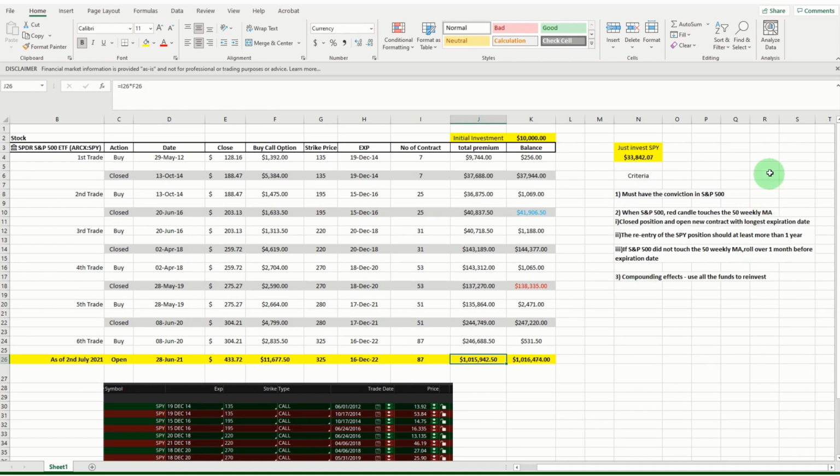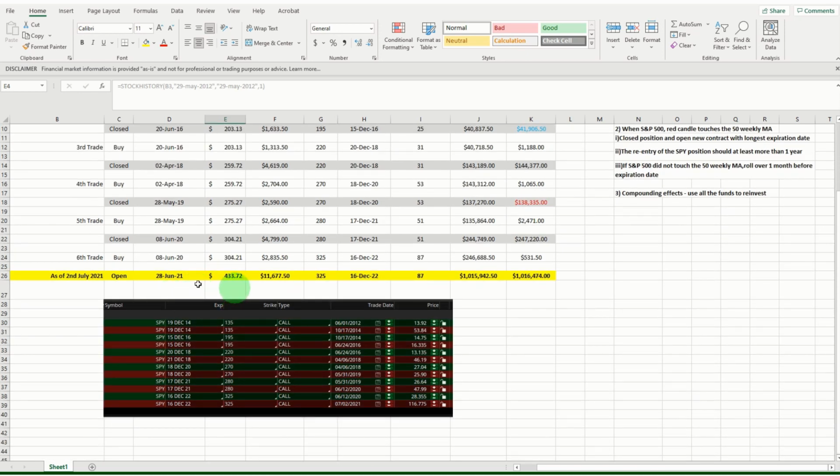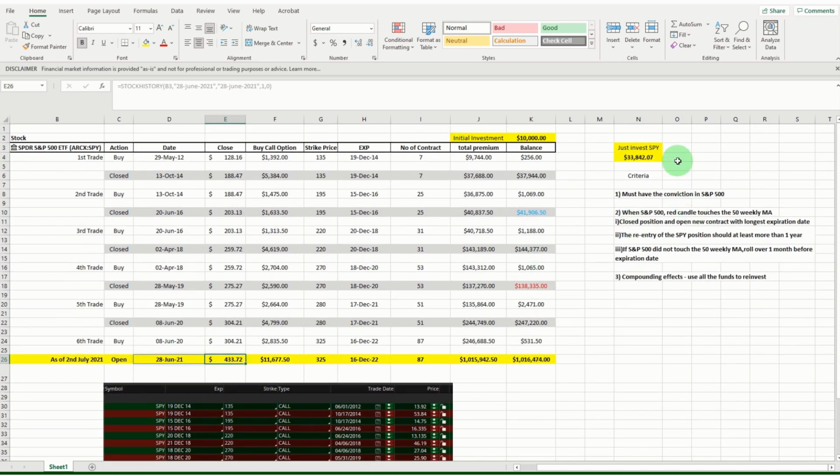If you do not want to use technical analysis and options, and just invest an initial 10,000, you can see that based on the initial price, which is $128, and right now on 2nd of July 2021, $433, your profit is around 3x.